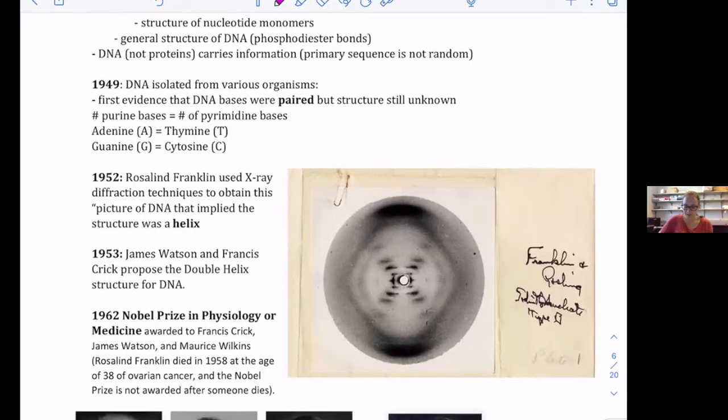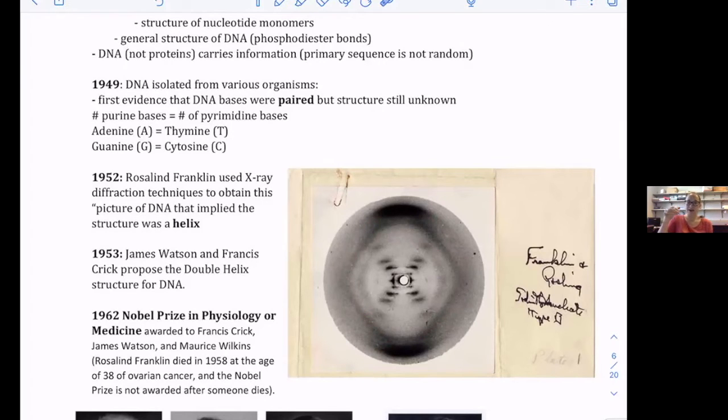In 1952, Rosalind Franklin used X-ray diffraction techniques. This picture here is from Rosalind Franklin. So they shot X-rays, really high energy light, at a nucleic acid of DNA, and they got this picture, which suggests that DNA is a helix.